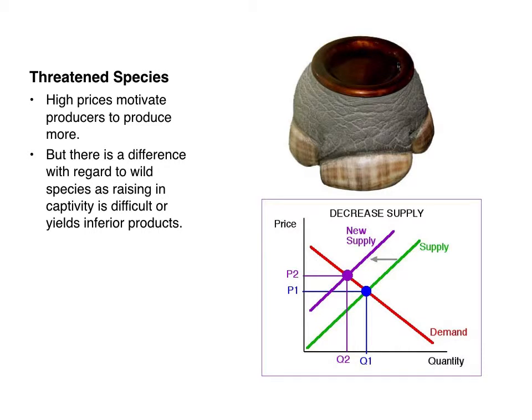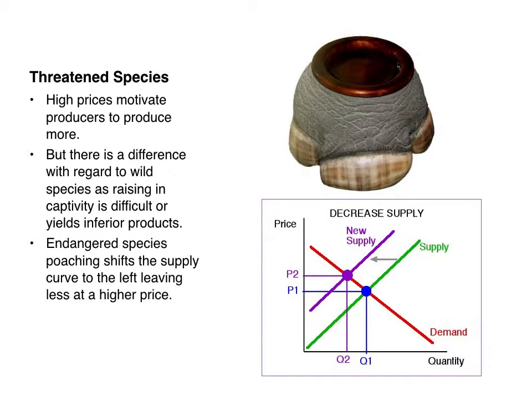Obviously, the free range chicken is going to be of much higher quality. Now, endangered species poaching shifts the supply curve to the left, leaving less at a higher price.